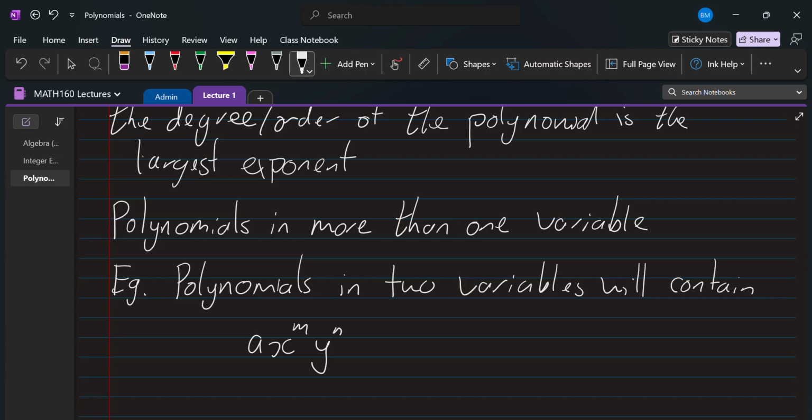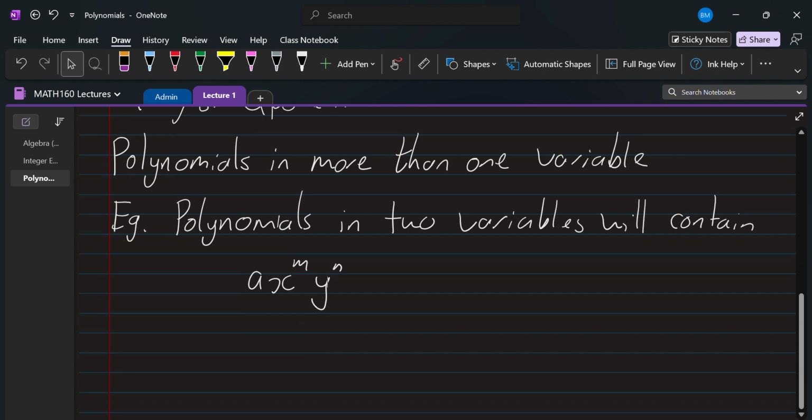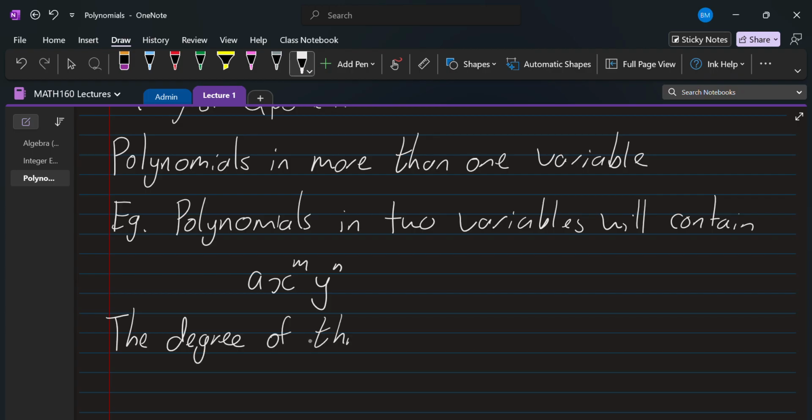Okay, so it's the usual polynomial like we have here. Some coefficient, some variable to some power, but instead of just having x, we now have x, y, z, some number of variables. So let's say polynomials in 2 variables.